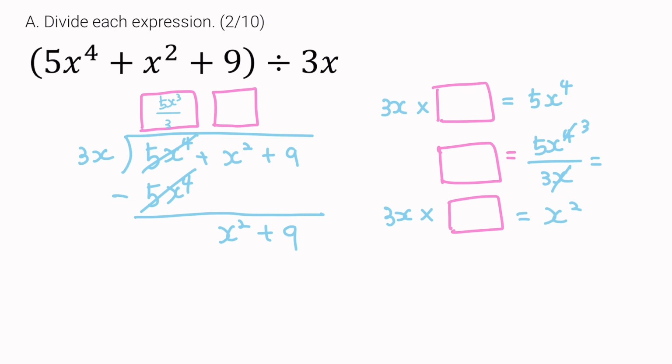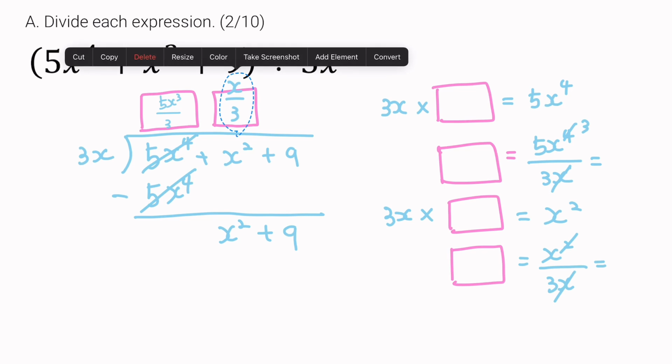If you can't carry this out in your head, it's completely okay to write it out like this. X squared over 3x will be the number that goes in the box, and if I simplify that, I'll come up with x over 3. So that is the number that should go to that second box right there.